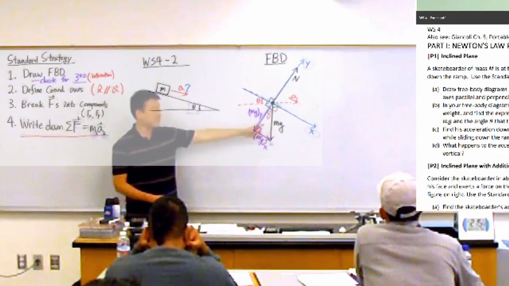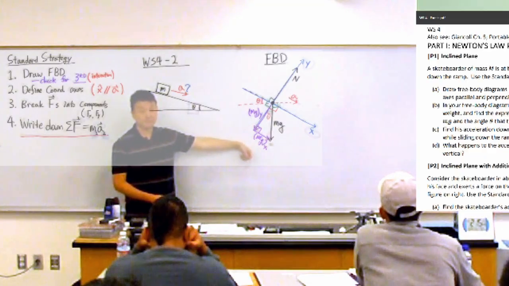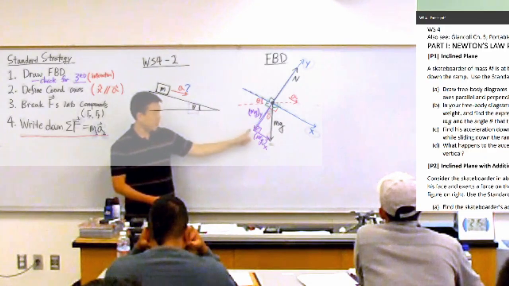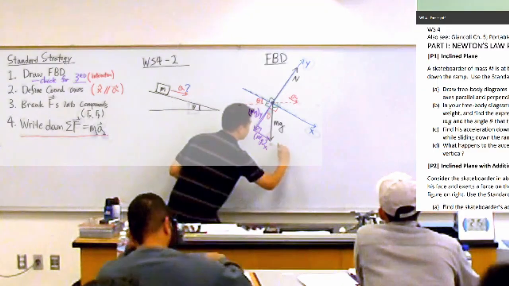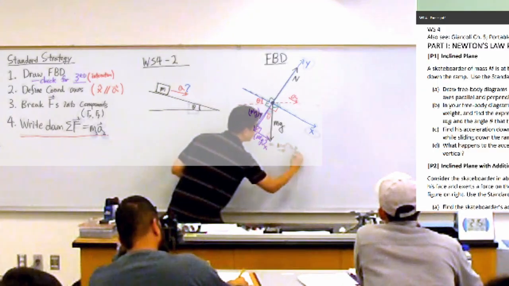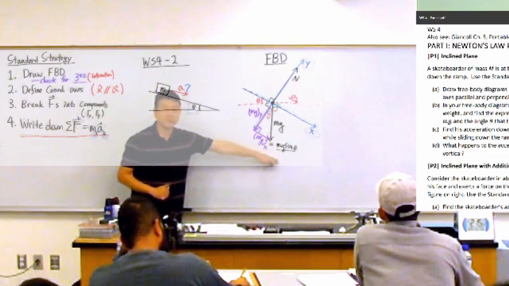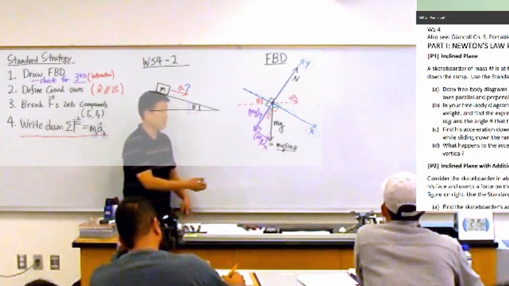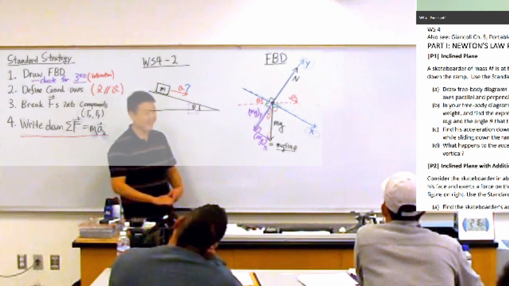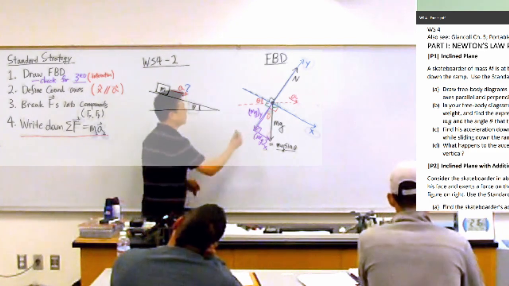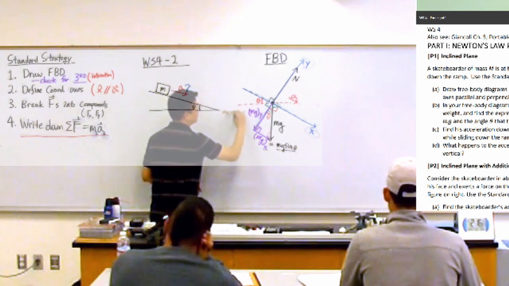Is it mg sine theta or cosine theta? Sine, it's the opposite side, right? So this is actually mg sine theta. And this is really why this particular example is so confusing, because we call this x component, but it's sine theta, not cosine theta. So the y component should be mg cosine theta. It's the adjacent side.